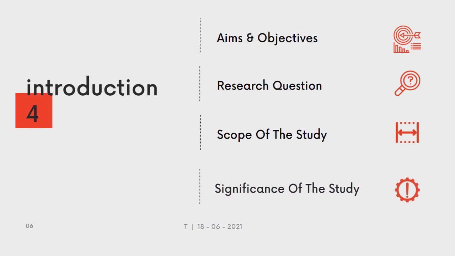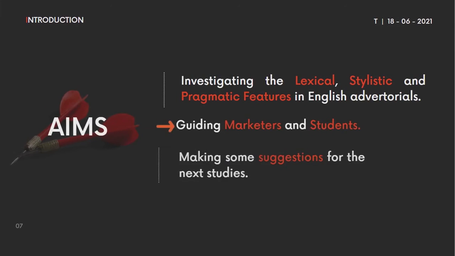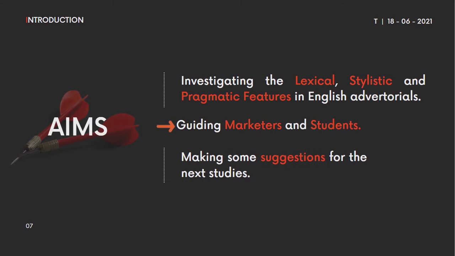So now that you are aware of the advertorial, let's move to some general information. There are 2 aims of the thesis. Firstly, it analyzes and investigates the lexical, stylistic, and pragmatic features in English advertorials. Based on that, I hope that the reader could understand how to create an effective advertorial.